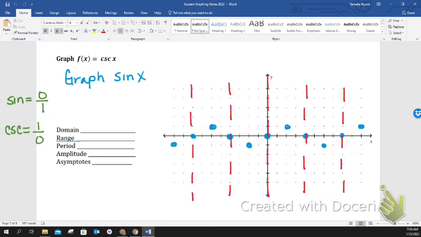When you hit 1, draw a smile. And when you're at -1, you have your frown.